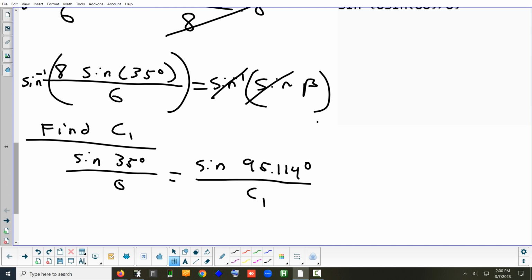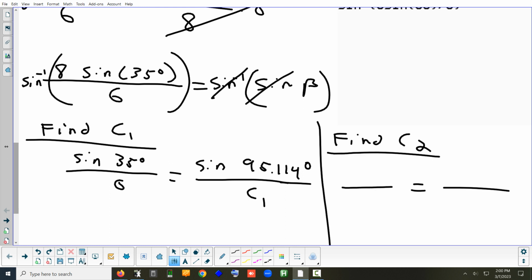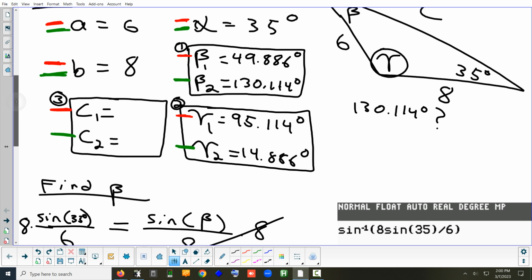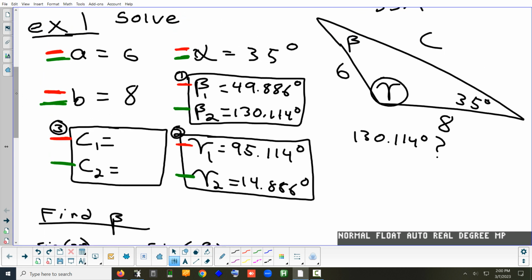Okay, let's set it up for C2. To find C2, C2 is part of the green problem. Well, I need a green row that's full. What row there has everything in it and would be considered part of the green problem?